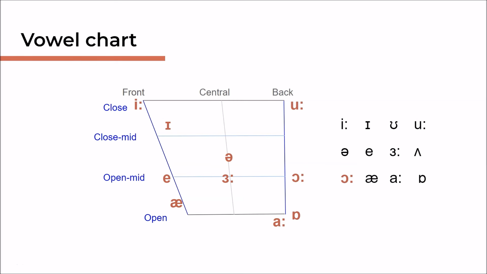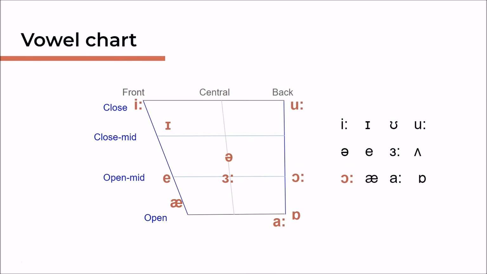And then in between, not quite in the middle, we have the vowel sound O. Also a vowel sound that is produced at the back of our mouth. However, it is not quite as open. It's more open mid. So you could contrast O with ah.